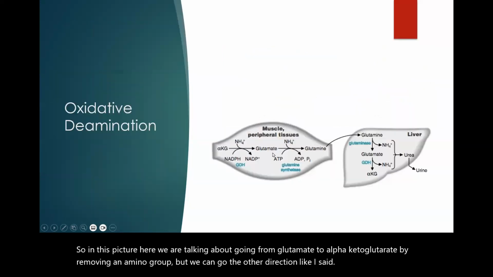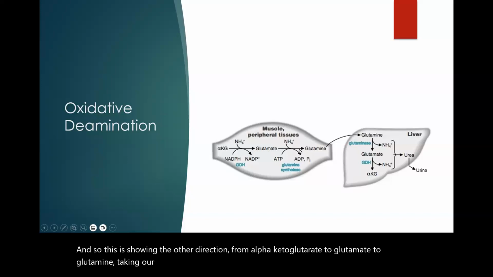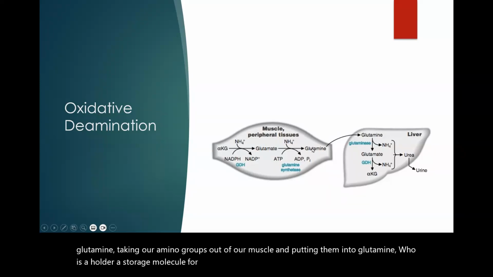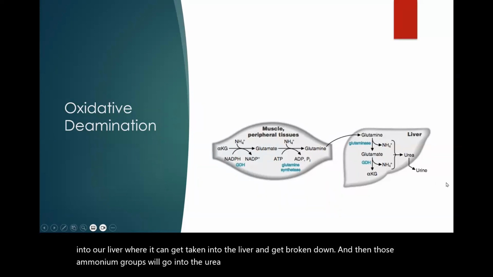And so this is showing the other direction, from alpha ketoglutarate to glutamate to glutamine, taking our amino groups out of our muscle and putting them into glutamine, which is a storage molecule for us. Glutamine can go through the blood and into our liver, where it gets taken up and broken down. And then those ammonium groups will go into the urea cycle and be excreted via urine.